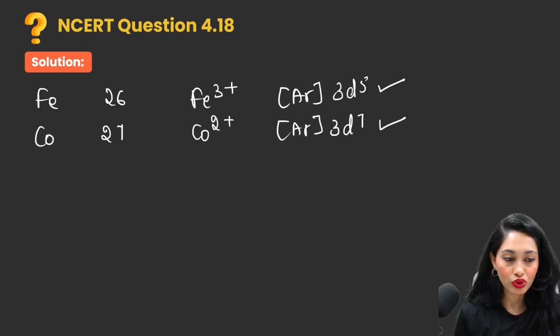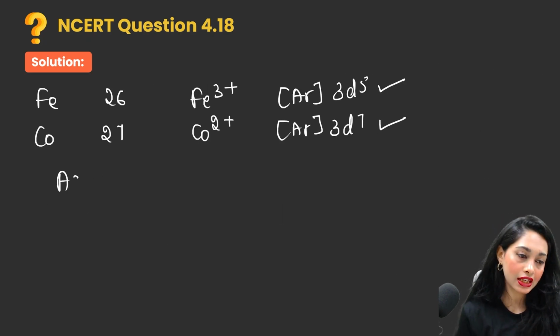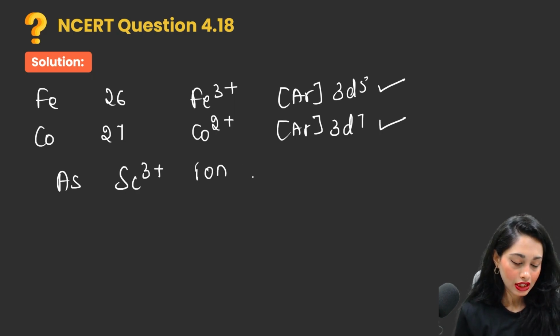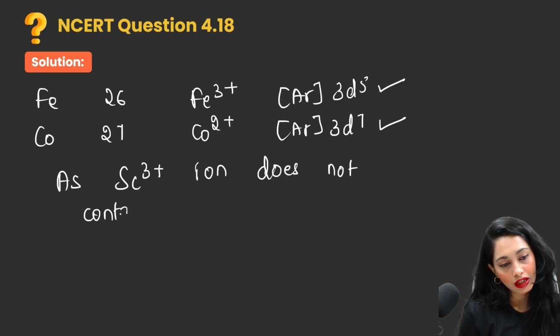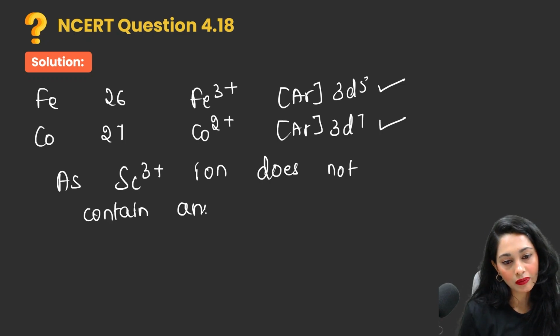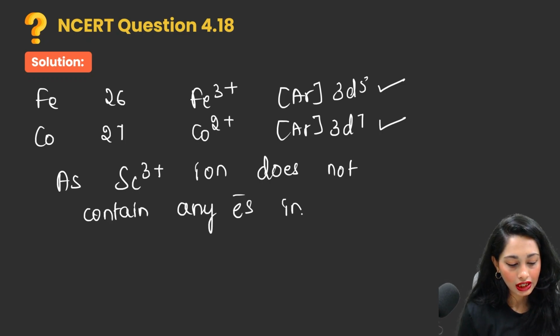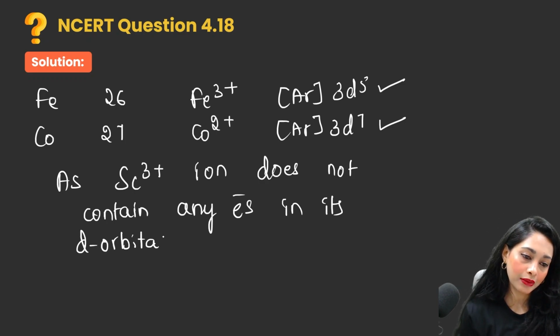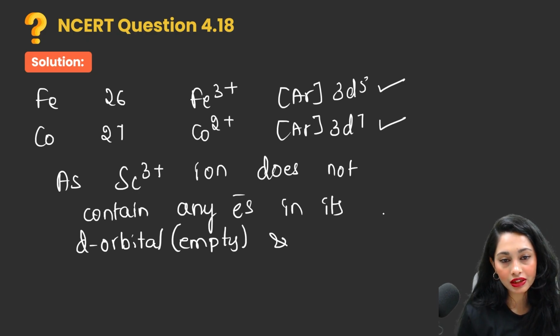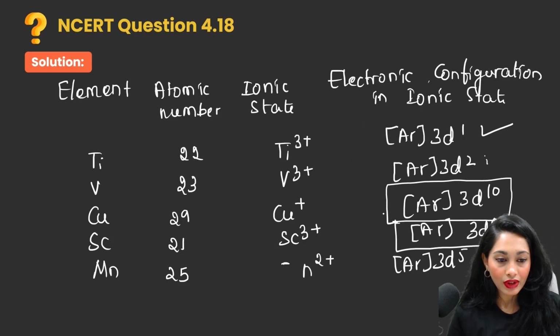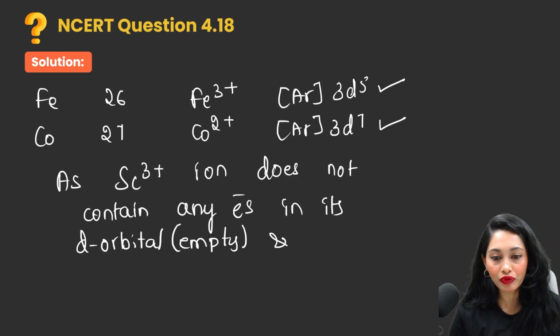So what can we deduce here? As scandium 3 plus ion does not contain any electrons in its d orbital, as it is empty. D orbital is empty. And then what else do we have? We have Cu plus. It is completely filled.